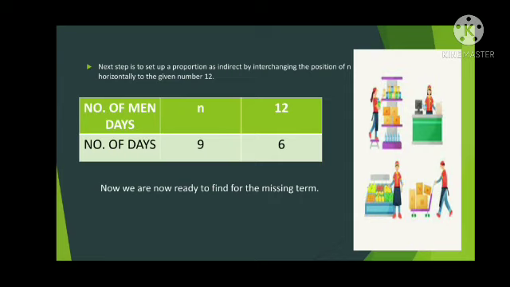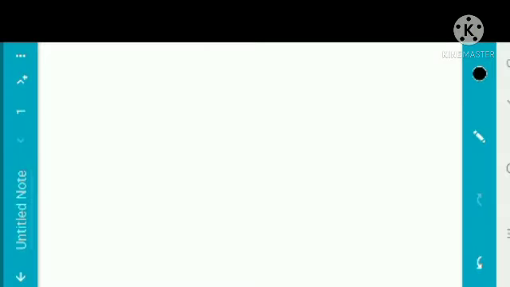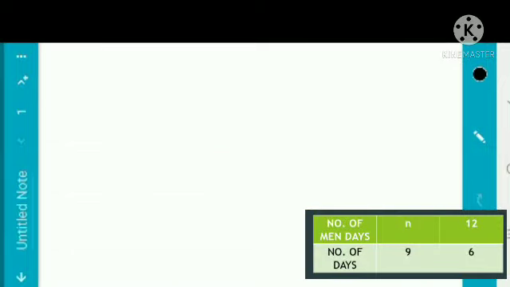So now we are ready to find the missing term. Based on our new table, we interchange the position of n, which is our unknown in the problem, horizontally with the given number 12.